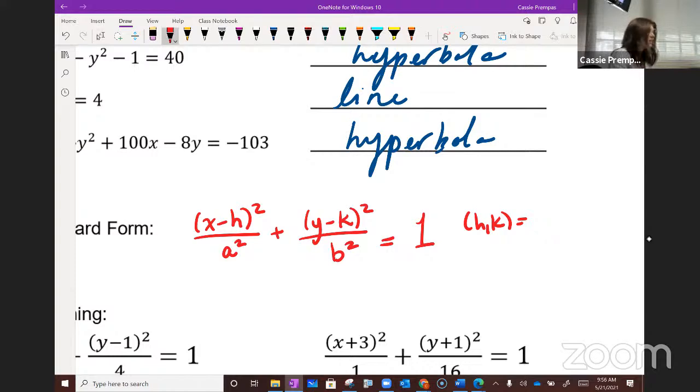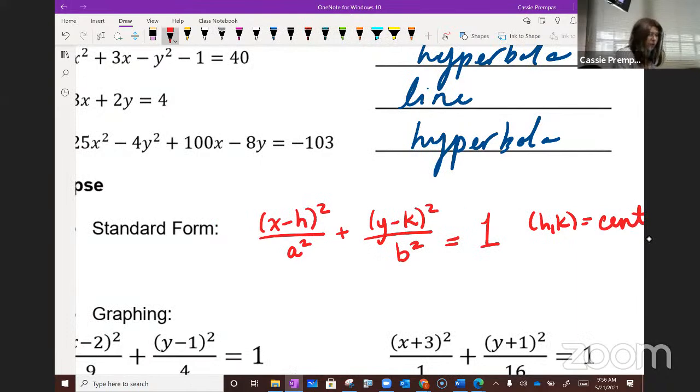So the h, k, any ideas of what that could be? The center. Now, looking at the a squared and b squared, that piece is different, also the number 1. The a is going to tell you how wide the ellipse is. Go ahead and point to it. You're going to move a units.